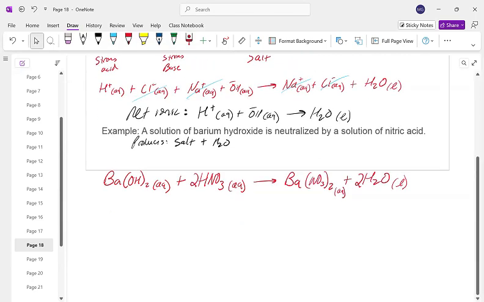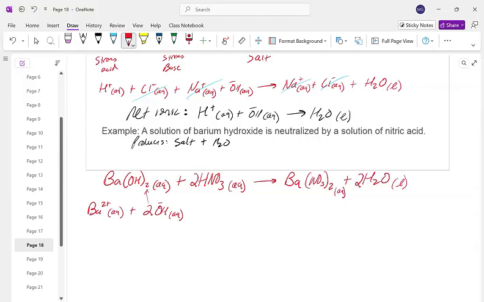So we're going to break everything up into its ions. So we'll have barium ions, we'll have two hydroxide ions. Why do I have two? Because that subscript of 2 means there's two hydroxides in barium hydroxide. And then I'm going to break up nitric acid. So I keep the coefficient.